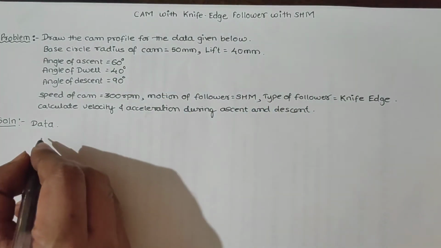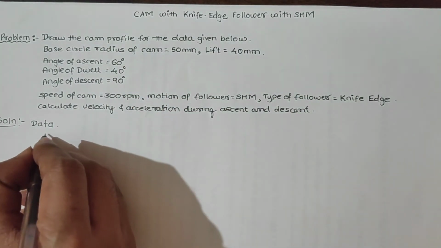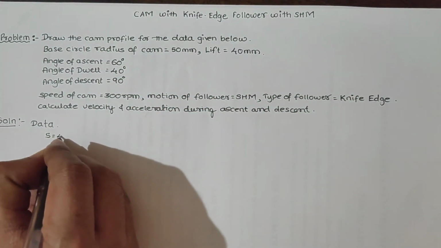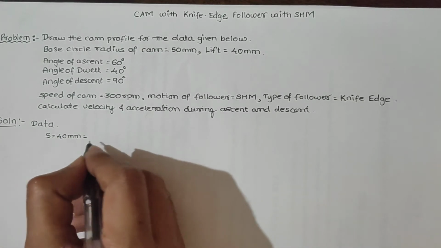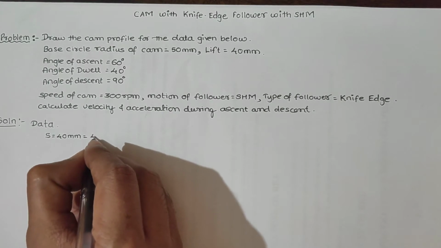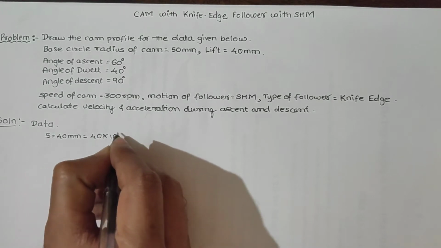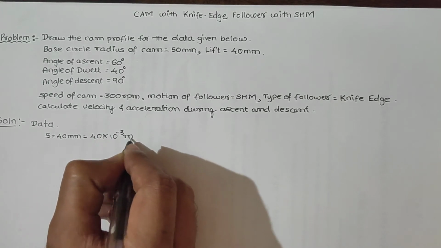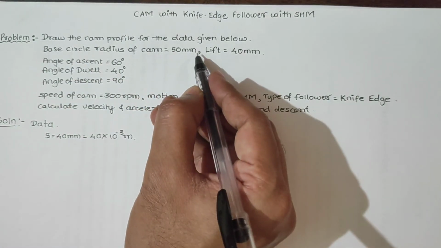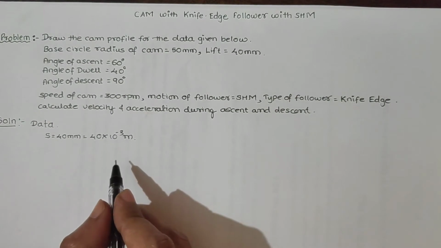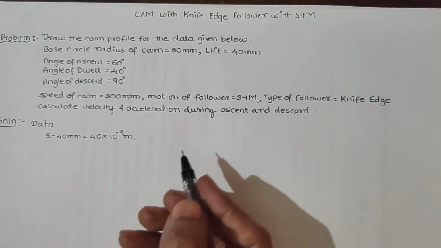Let's take the lift, that is S equal to 40 mm, or stroke in some books. You have to convert it into meter. We will write it as 40 into 10 to the power minus 3 meter. Then we are having the base circle radius equal to 50 mm, which will be used when we are drawing the cam profile.